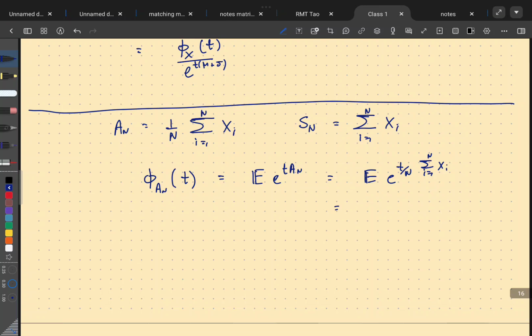I want to derive an expression for the moment generating function of an in terms of the moment generating function of x, because that's something that I know. Can I simplify this? What can I do with this?